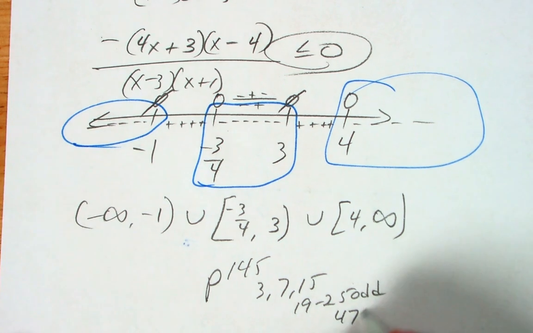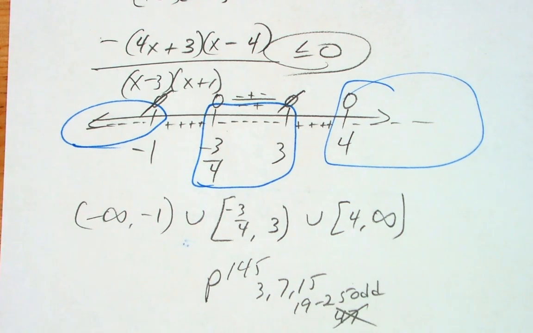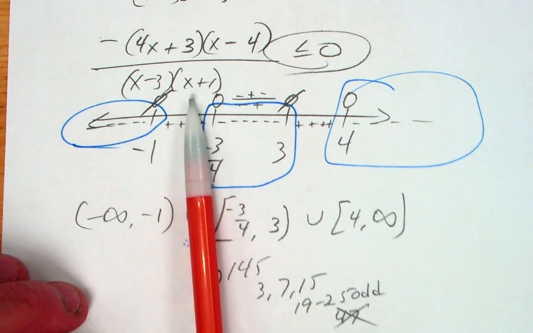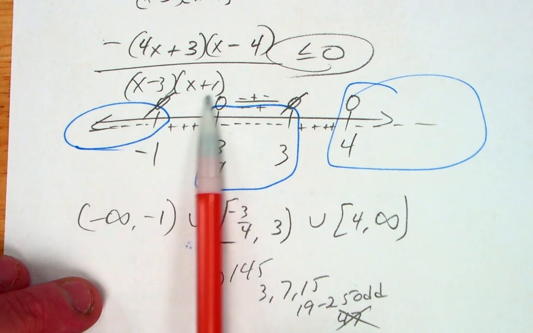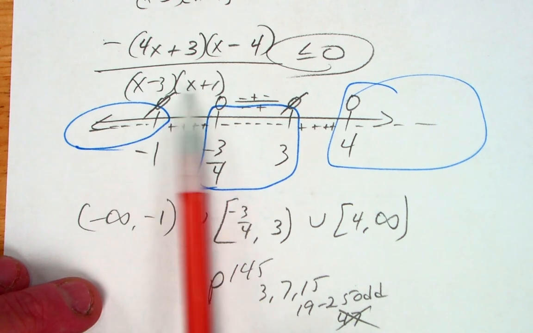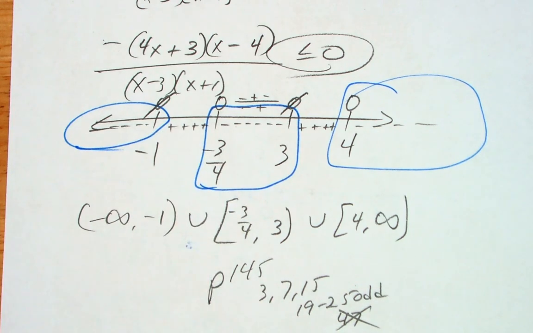I'll tell you, we'll save 47 for tomorrow. Okay, yep. So if it makes the bottom 0, good.